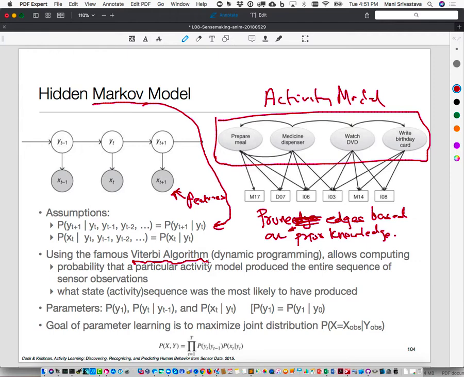What I want to do is find those values of the parameters which give the observed distribution a high probability. So the goal is to find values for these parameters such that the observation x comma y has a high probability, that is, you want to maximize it. That's what we are seeking to do in solving this.